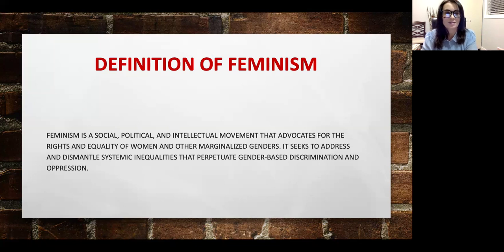So if you look at the definition of feminism, what we see here is movement. It's a movement and it's social, it's political, and it's intellectual. So a wide range of dynamics. Also, we can see that it advocates for the rights and equality of women and other marginalized genders.